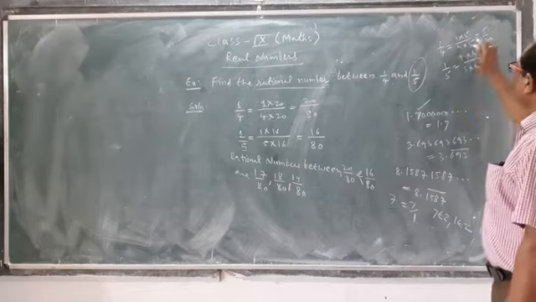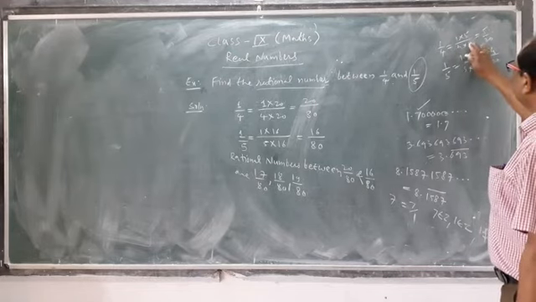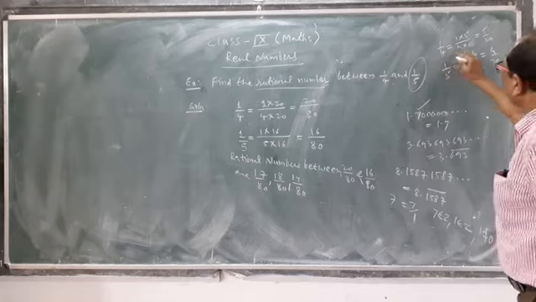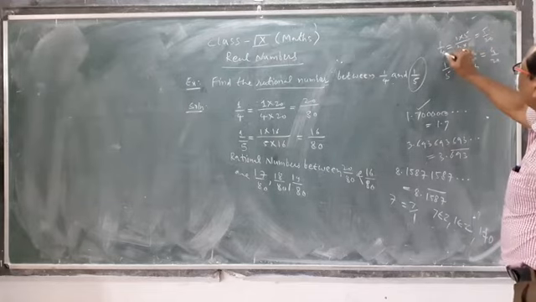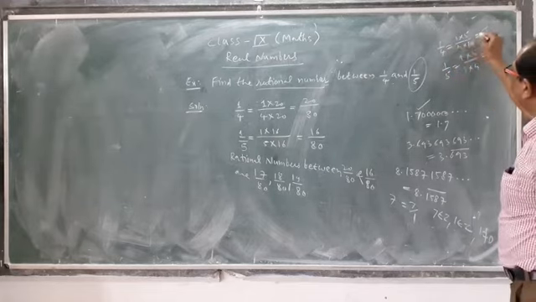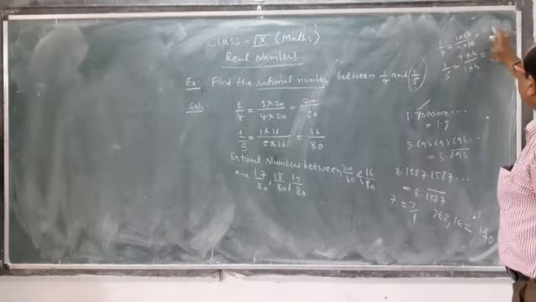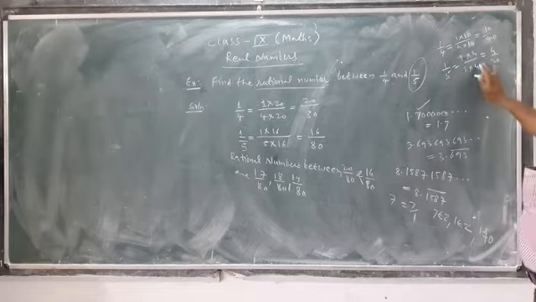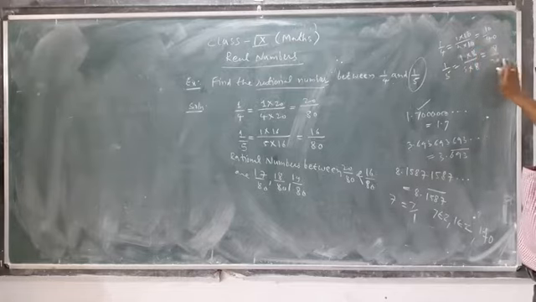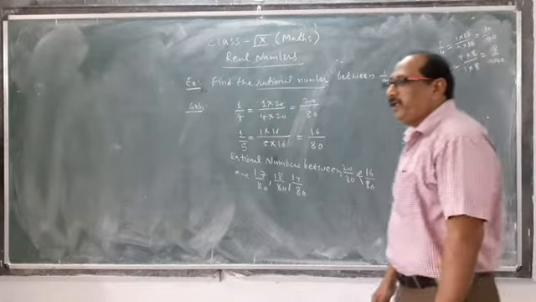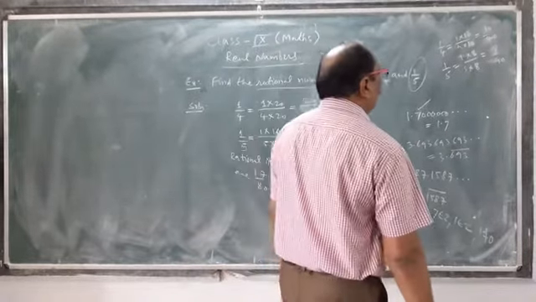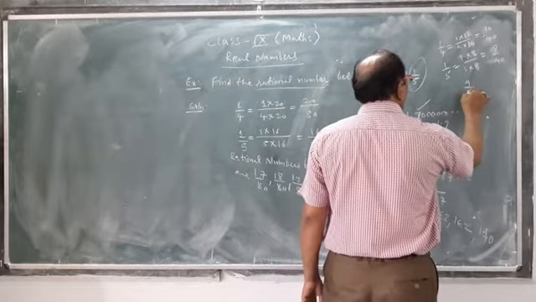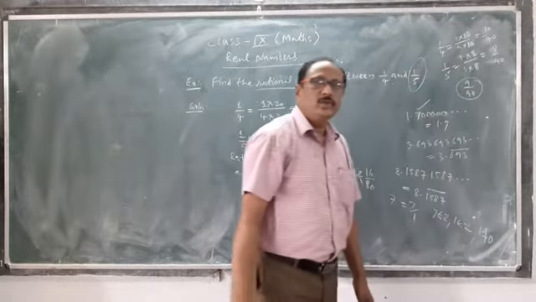Or we can do 4 into 10, 1 into 10, that is 10 upon 40. Here also 5 into 8 and 1 into 8, then 8 upon 40. The rational number between 10 upon 40 and 8 upon 40 is 9 upon 40. We can do like this also.